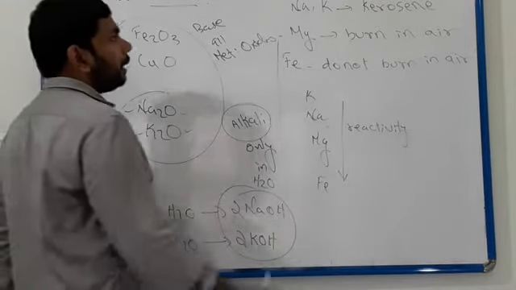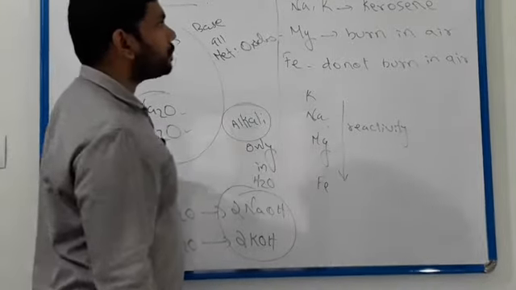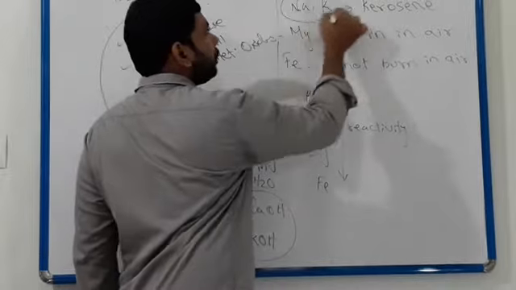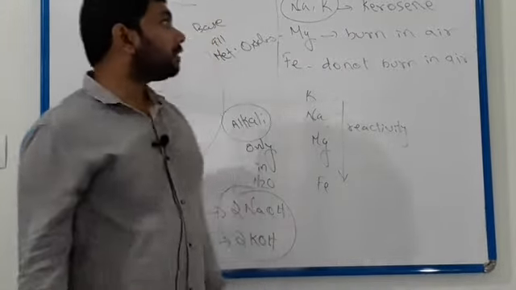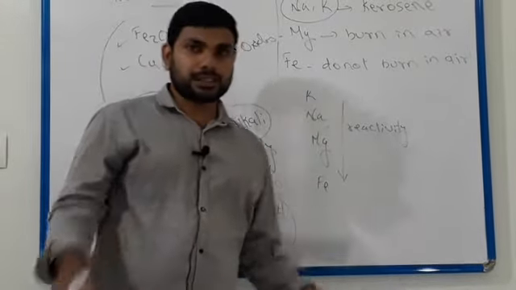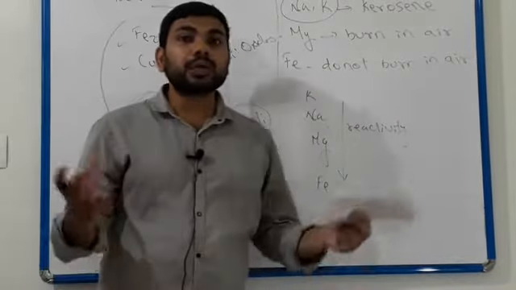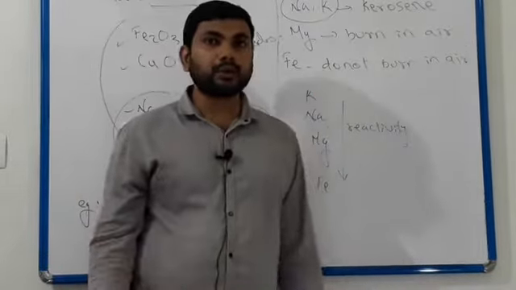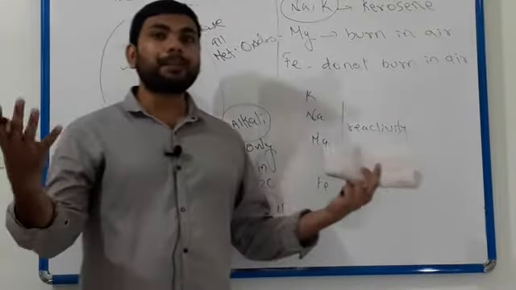Look here, another thing you have to understand: sodium and potassium, especially the group 1 metals in the periodic table, react rapidly with oxygen. You cannot keep sodium and potassium in normal air or in an open container.